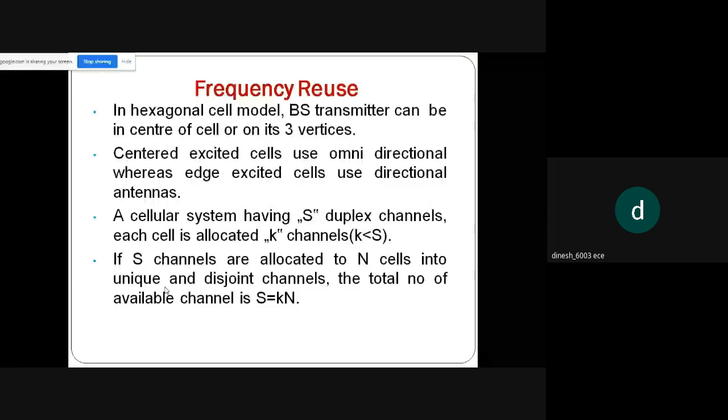So the system will have S duplex channels. Each cell will be allocated K channels.